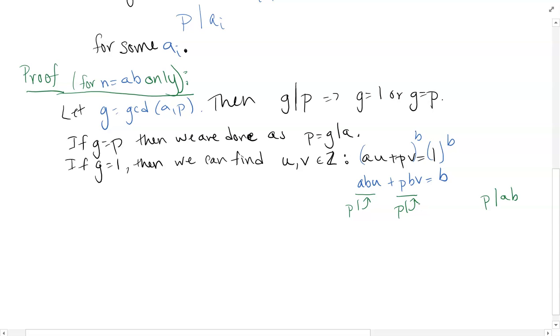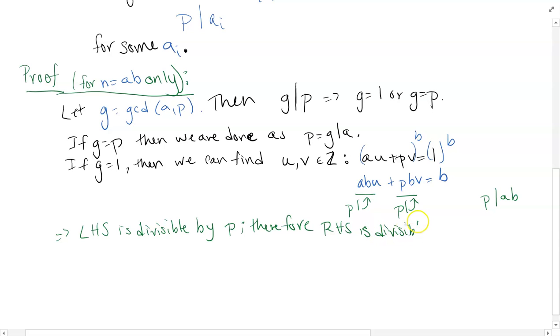So both of the terms are divisible by p, and this means the left hand side is divisible by p. Therefore it stands to reason that the right hand side is divisible by p. So in other words, p divides b.